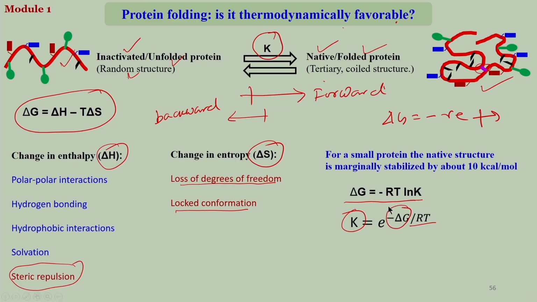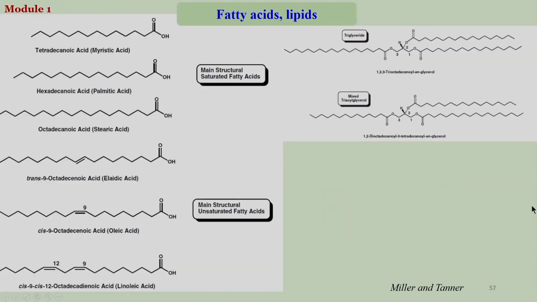The variable is only the minus delta G. And when you calculate delta G in terms of delta H and delta S, delta H is favorable, delta S is not favorable. And the experiment says that overall the change of delta G of this unfolded to folded process is about 5 to 10 kilocalorie per mole, a stability factor.